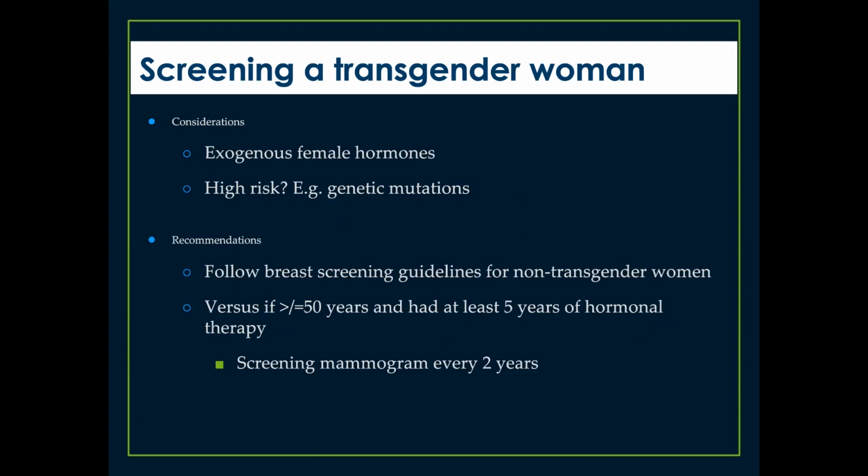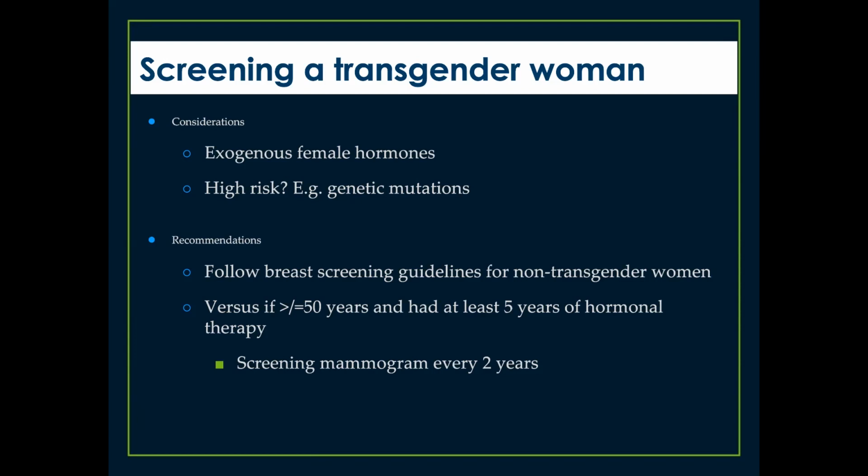So, screening a transgender woman. Some of the things to think about would be: does your patient take exogenous female hormones? And if so, for how long? And are they at high risk? Again, personal history, family history, genetic mutations, and so on.